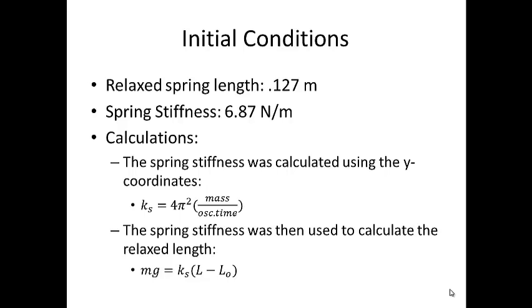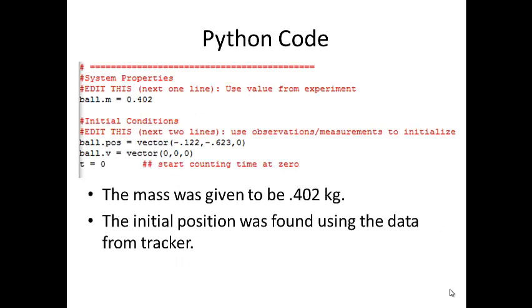The spring stiffness was then used to find the relaxed length of the spring using the equation mass times the gravitational constant 9.8 equals the spring stiffness times the stretch length of the spring with the mass on it, 0.7 meters, minus the relaxed length. This equation can be used because the total change in energy is equal to 0, as discussed before. This is part of the initial conditions used in the VPython code.